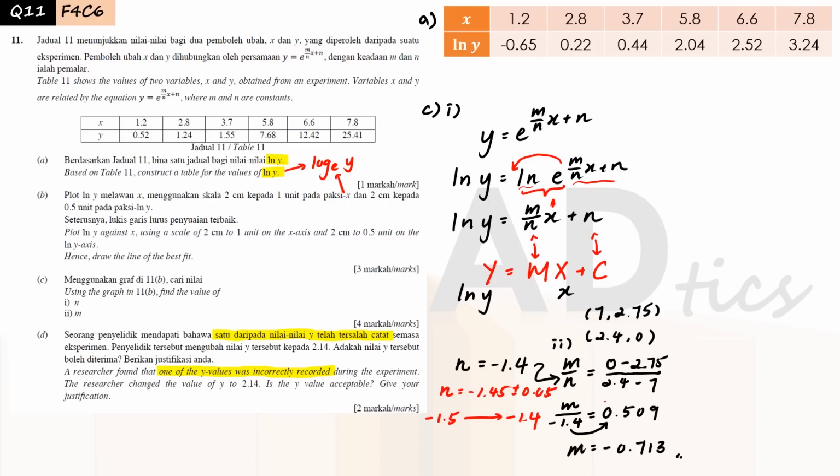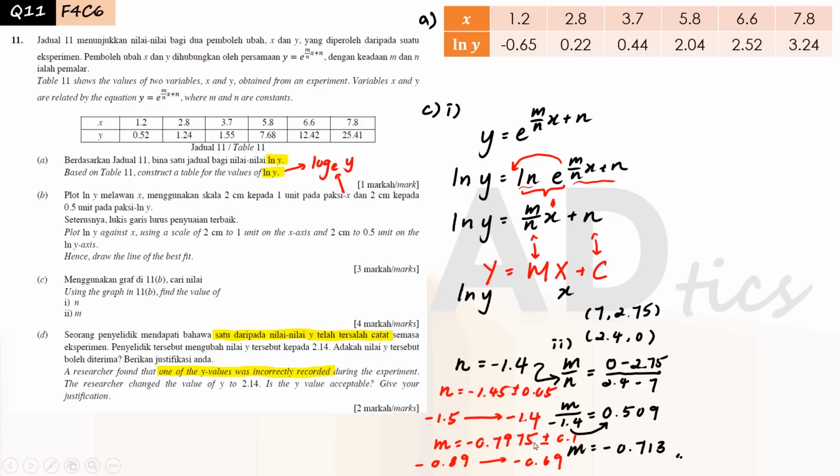So the value of m is a bit tricky because they don't give us a range, they only give us the answer, which is negative 0.7975. So I will assume that the value will be plus minus 0.1. So the value of m can be from negative 0.89 until negative 0.69. Okay, so this will also be accepted as an answer.